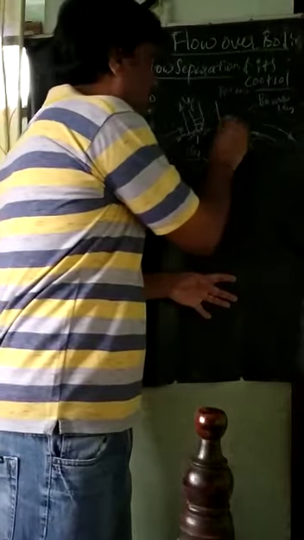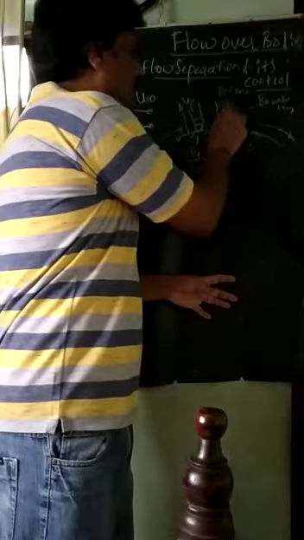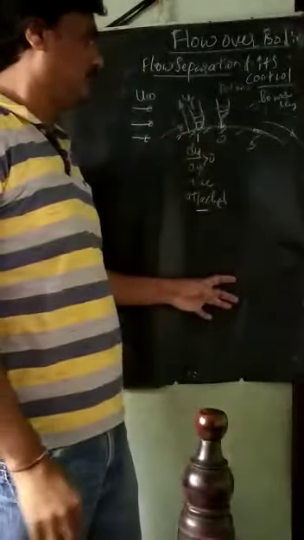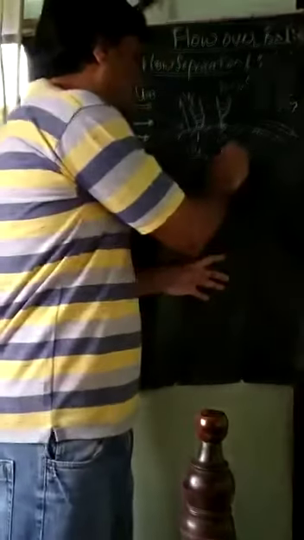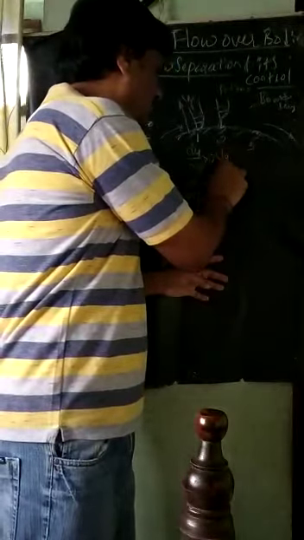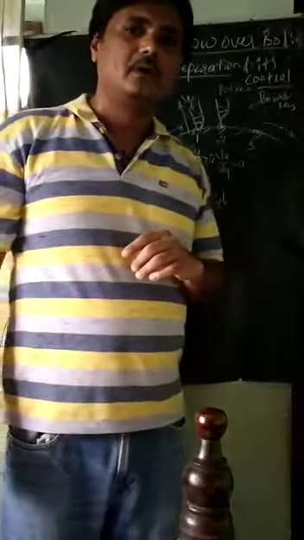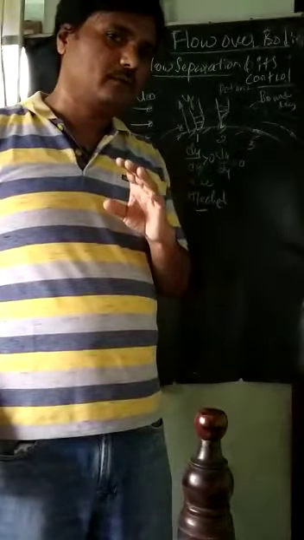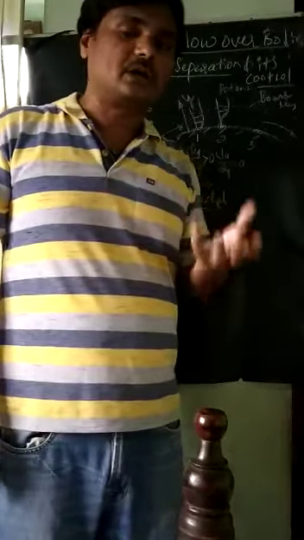Mathematically we can tell here that the velocity gradient du divided by dy is equal to 0. Means what? The flow is not that much attached, not detached also.